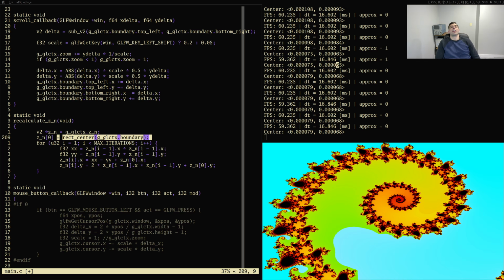I wish I could examine what the values were on the GPU. It's a bit difficult to do that. So we want the center of the screen to be that value.